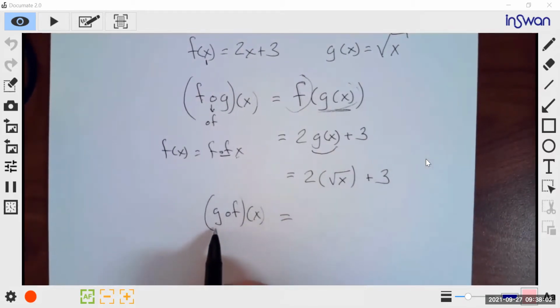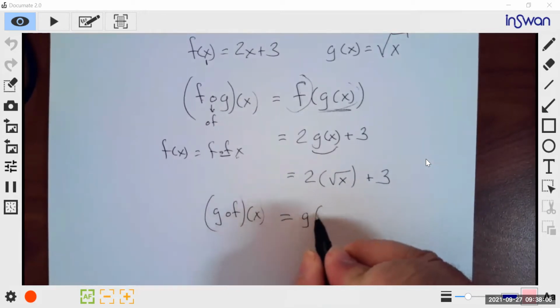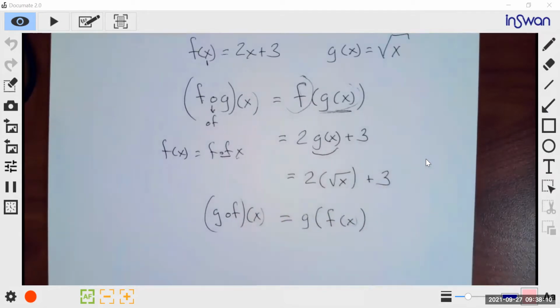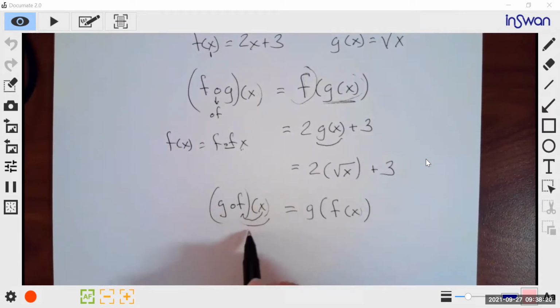So the way this is read, it's g of f of x. But basically you're working out, coming back in. So this x belongs to this f. That's f of x. So this whole thing goes inside g.